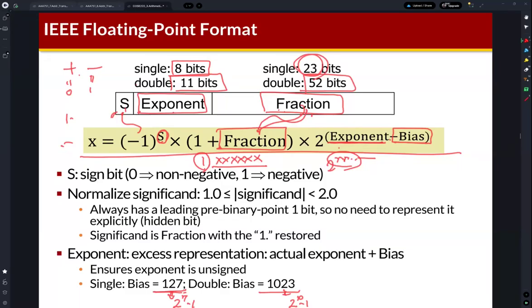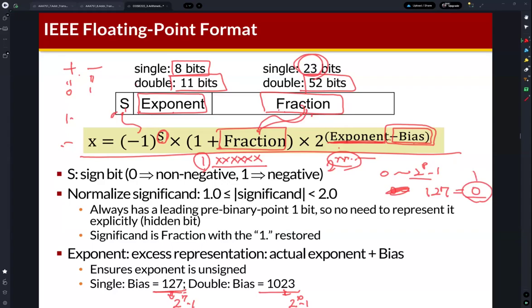So instead of 2's complement, for the exponent, we use the number from 0 to 2 to the power of 8 minus 1. But actually we use the biased number, right? Which means exponent 127 is equivalent to 0, okay?